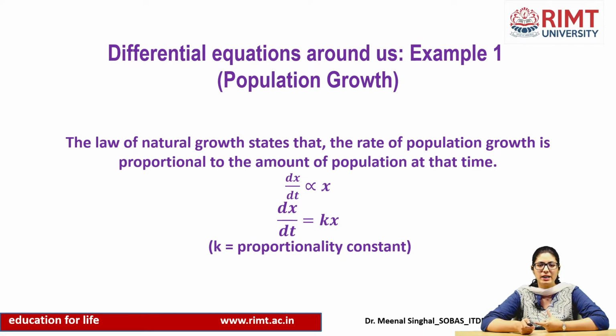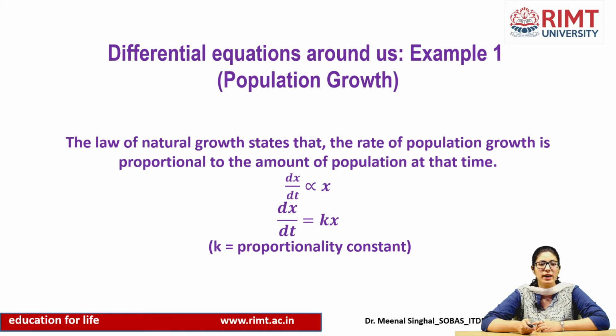For defining a differential equation, we basically need a law. The law for natural growth states that the rate of change of population is proportional to the amount of population at that particular time. Mathematically, this is written as dx/dt is proportional to x, where dx/dt represents the change in population with respect to time.